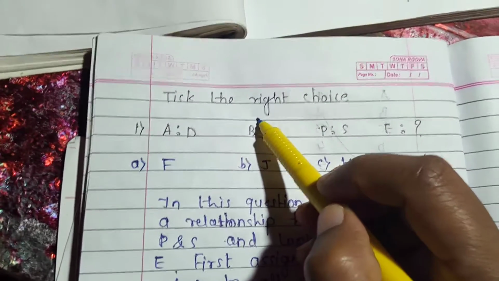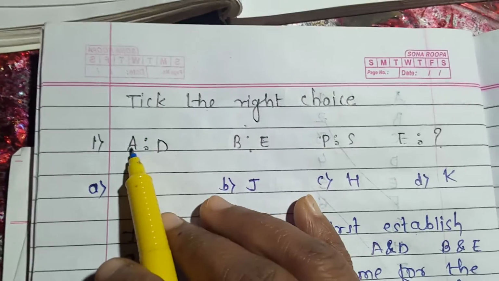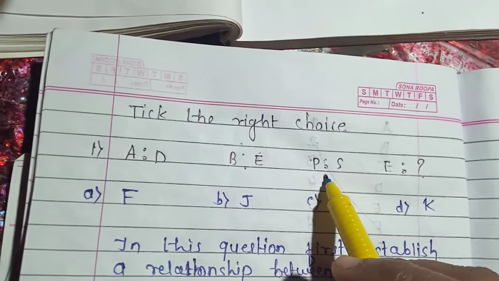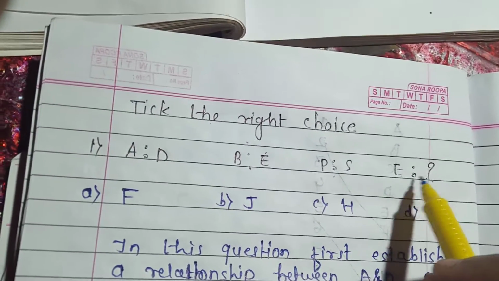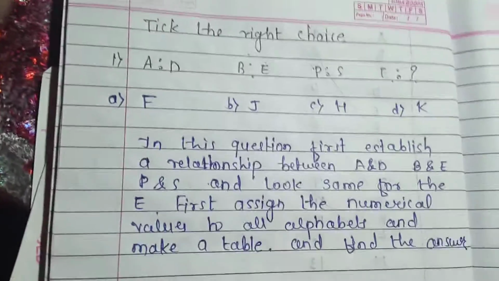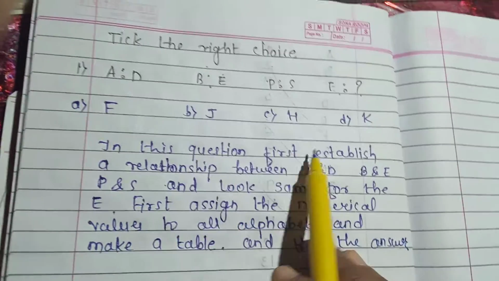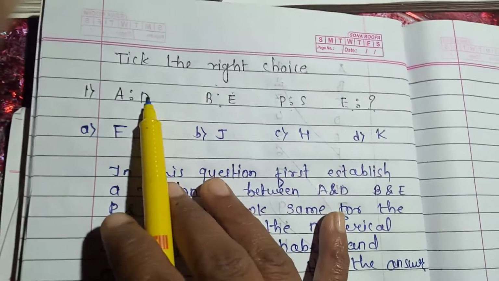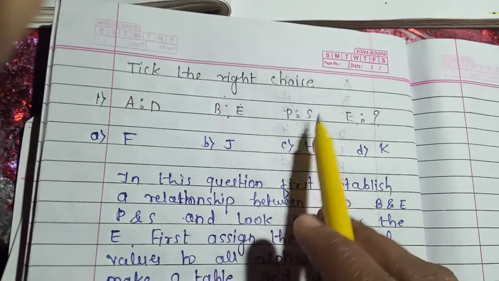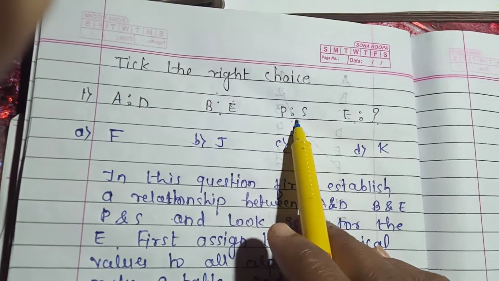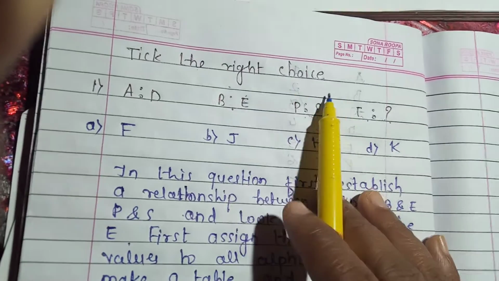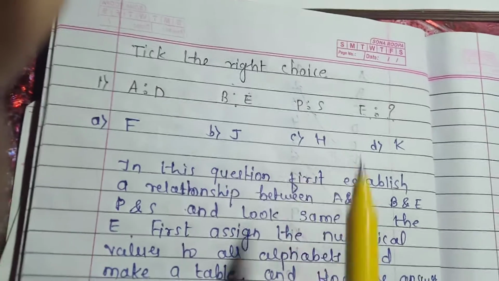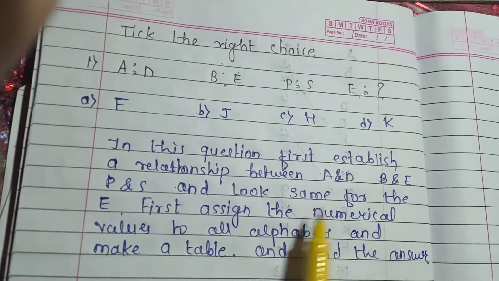Okay, so see here, the first one is A is to D, B is to E, P is to S. Then we have to find which letter comes here for E. To solve such type of examples, first establish a relation between A and D, then B and E, then the relation between P and S. In the same way, we apply that to the last one, that is E, and identify which letter will come here.